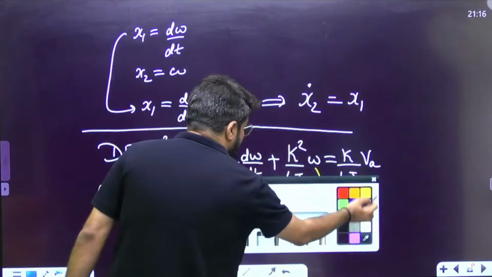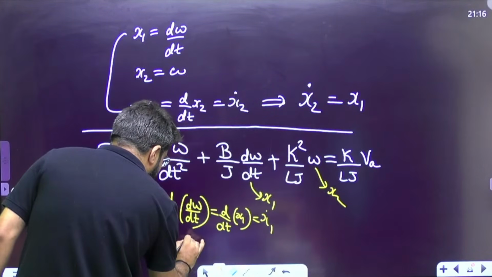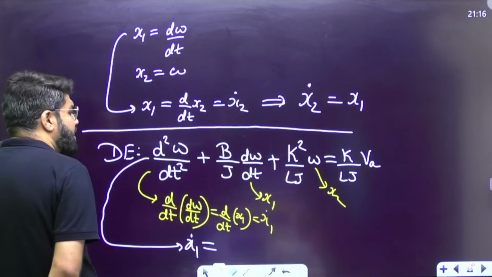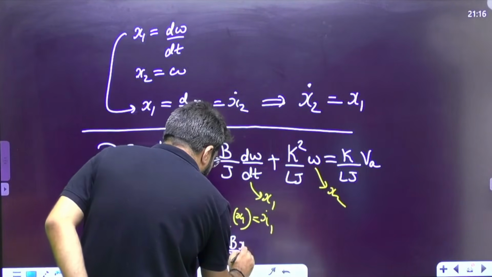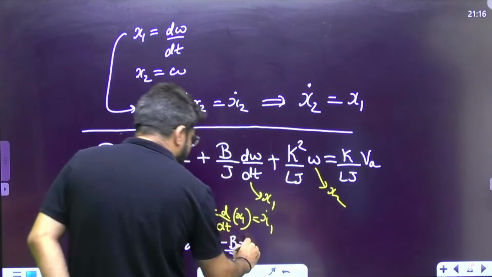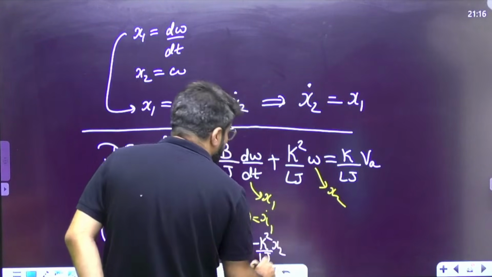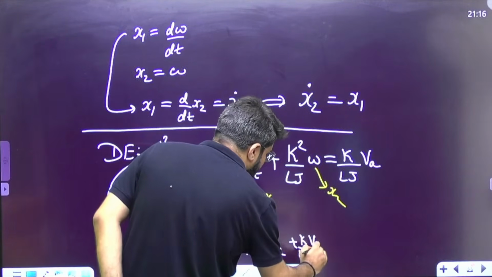So I can now read this equation and write it this way: x1 dot plus something, and that something I will shift to the right side. x1 dot is equal to minus b by j x1 minus k square by lj x2 plus k by lj into Va.